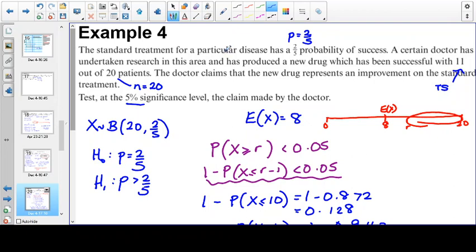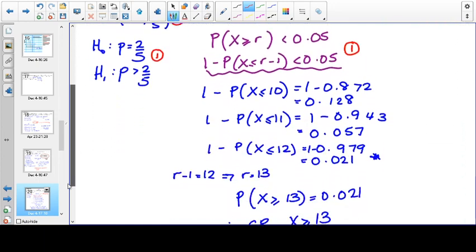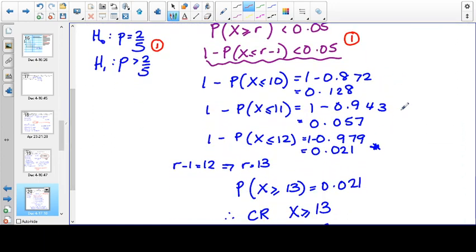So often it's in a context. So I'll just show you where the marks come from. You'll get 1 for that. You'll get 1, possibly 2 for that. You'll get 1 for writing your statement. You'll get 1, possibly 2 for your calculations.